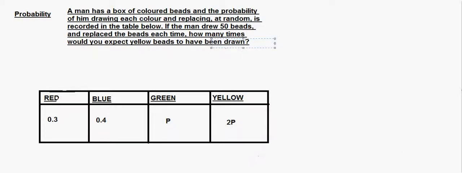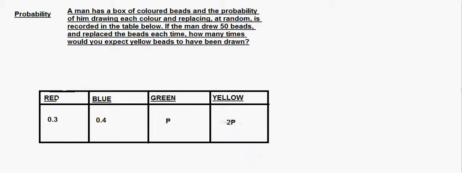Well, the first thing we need to do is to find out these unknown values. Now the one thing that we do know is all probabilities add up to 1. So this plus this plus this plus this must equal 1.